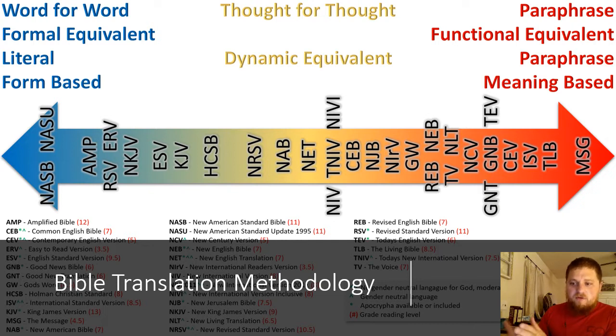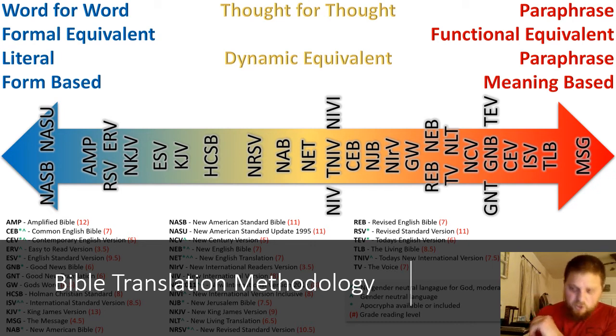However, the more word for word you go, the less you're putting on the translator. Basically, you're not relying as much upon the translator to get the meaning. A formal equivalent translation is trying to limit how much freedom can be taken with the text.